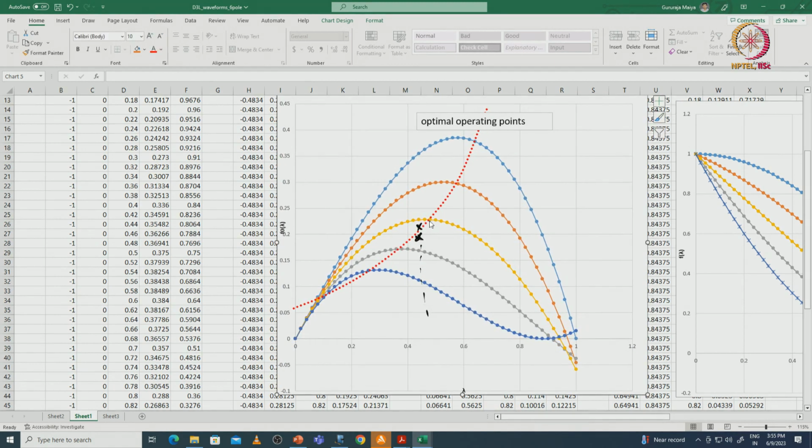So, if we increase the number of poles, this point will automatically keep on increasing. That means the max output function varies with respect to the number of poles. That variation we can see here.